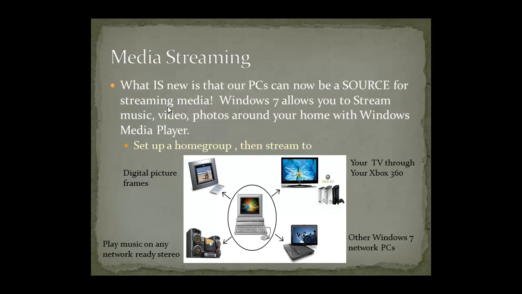You can stream to any network-ready stereo. You can play music on any network-ready stereo, but it's music from your computer. By network-ready, I mean a stereo that has an Ethernet port or a wireless card, so that it can connect up to your router.